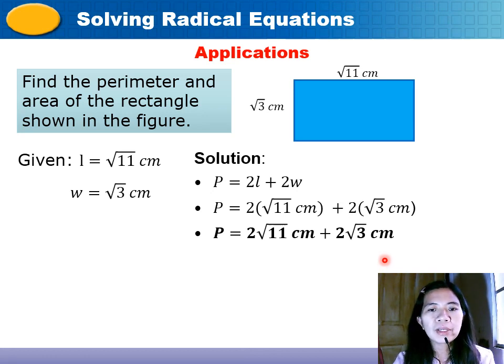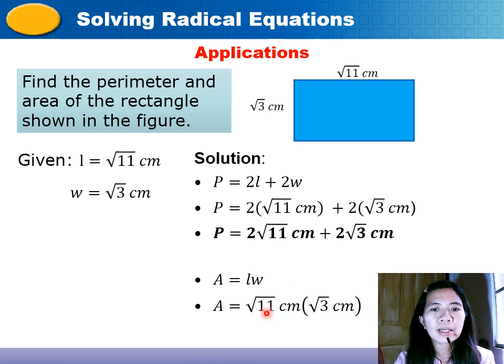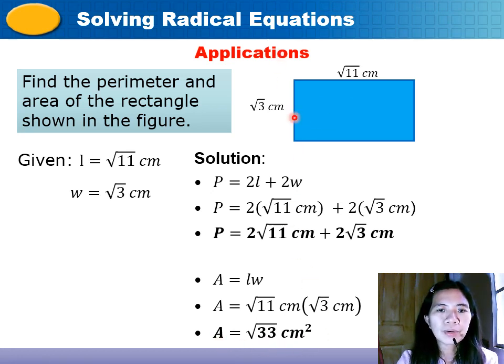For the area, we have the formula length times width. So simply multiply the length, square root of 11 centimeters, by square root of 3 centimeters. So the answer is square root of 33 square centimeters, and this is the area of this rectangle.